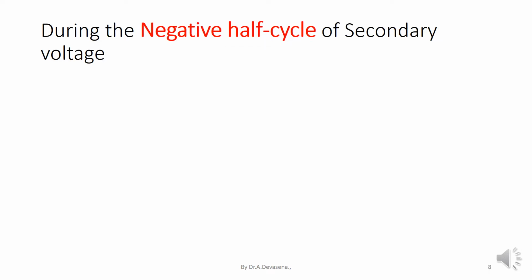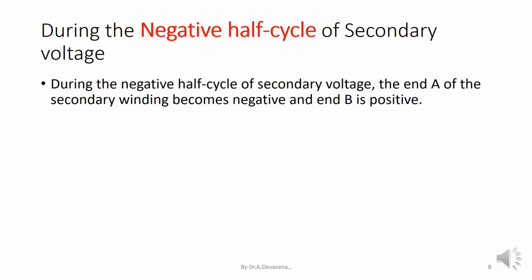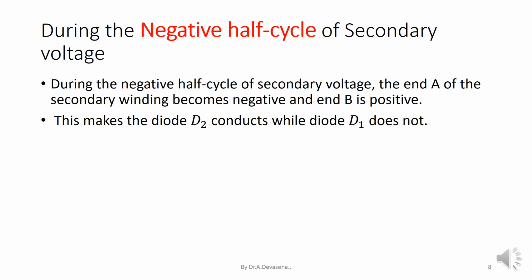winding. During the negative half cycle of the secondary voltage, the end A of the secondary winding becomes negative and end B of the secondary winding is positive. This makes diode D2 conduct while diode D1 does not. That is, diode D2 is now forward biased and diode D1 is reverse biased.